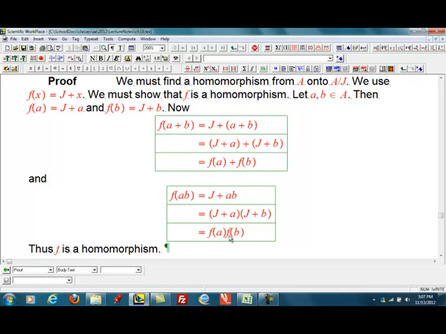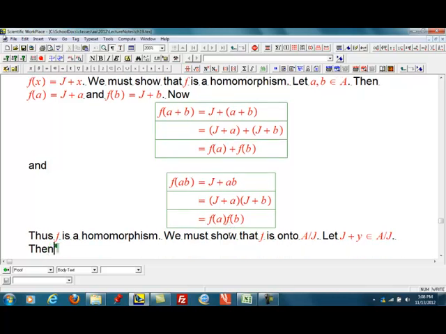Now we have to show onto. How do you show something is onto? Start in the range and find something in the domain. So what do we want to start with in the range? Let J plus Y be in A mod J. What in A gets mapped to J plus Y?